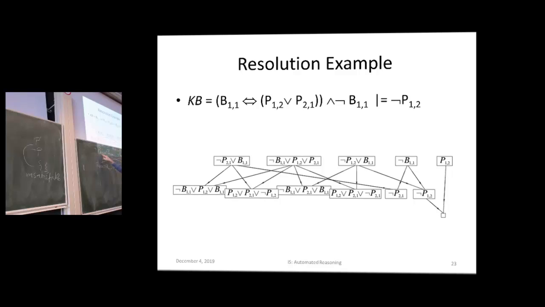So all that is left is this one, not P21. But we can also do these two. So this and this gives us not P12. And then these two give us the empty clause.